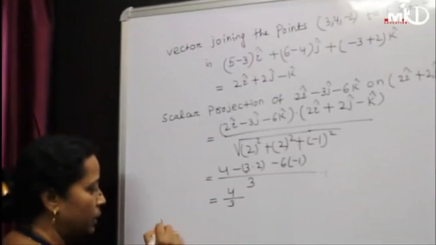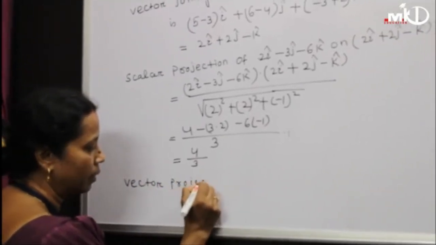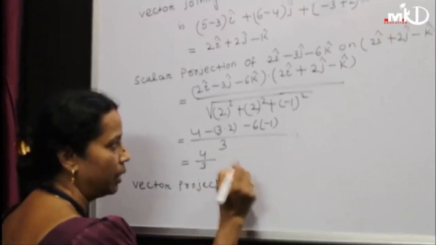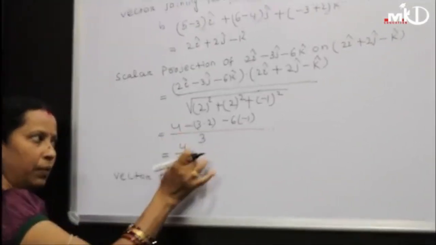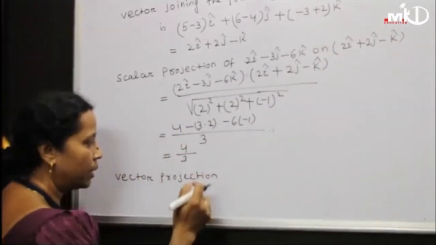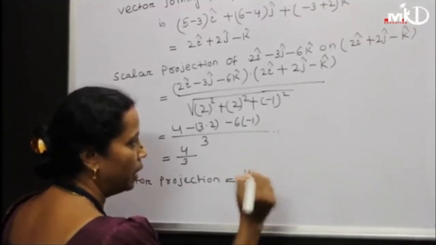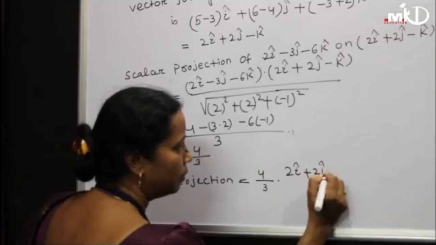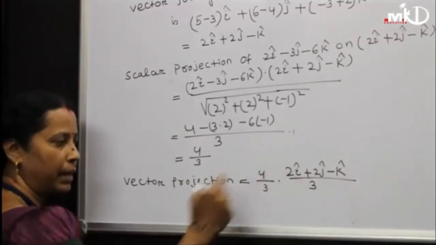Now we find the vector projection. Here we have already found the magnitude, now we need the direction, along the direction of this vector. So what is the vector projection? It is equal to 4 by 3 into the vector 2 i cap plus 2 j cap minus k cap by its magnitude, which we already found is 3.